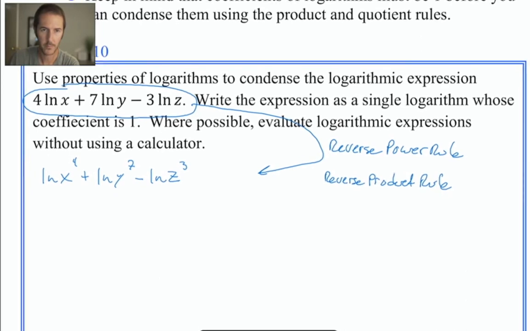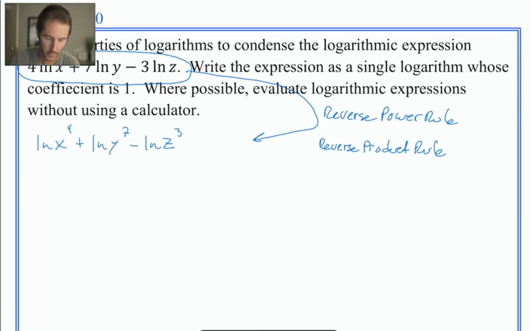And we can write this as equaling the natural log of, and I'll put parentheses around this, x to the 4 times y to the 7. That's a 7, not a z. There we go. Minus the natural log of z to the 3rd.